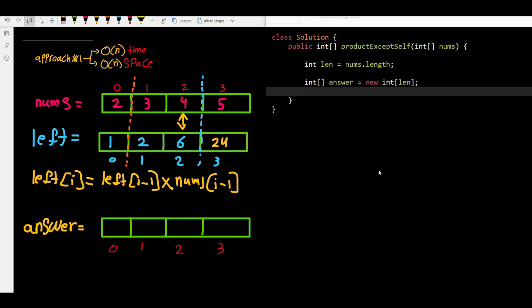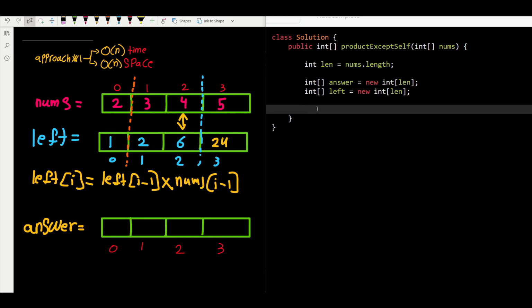Now let's code the part that we just discussed. We have this left array that we need to fill out. So we have int, let's call it left, and the length of this array will be the same as nums, of course. So new int length. Now we said we need to fill out this left array.